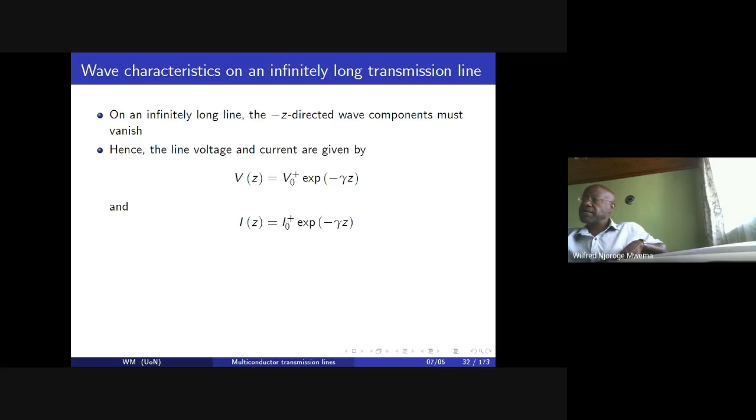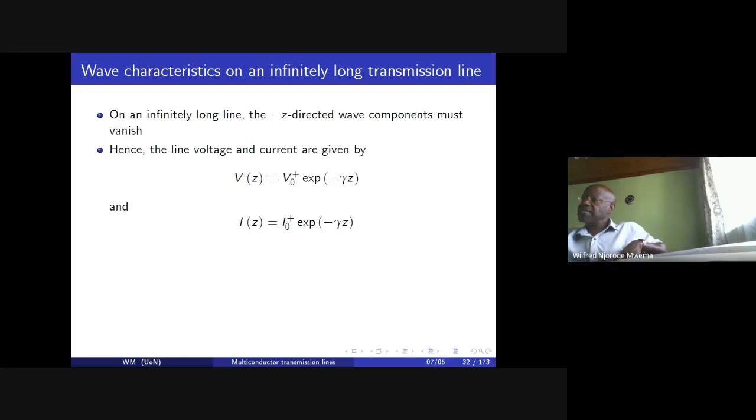Remember, as long as our lines are of finite length, we'll always have a possibility of a negative propagating wave component. And therefore, the phasors, that is the line voltage and the line current, must always be given as the sum of a positive going wave component and a negative going wave component as well.